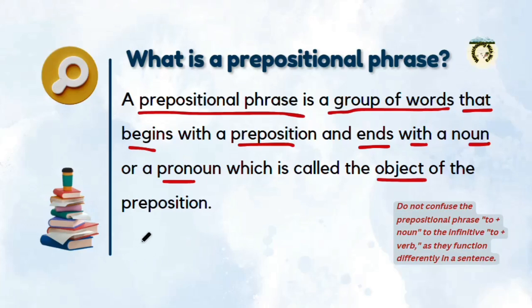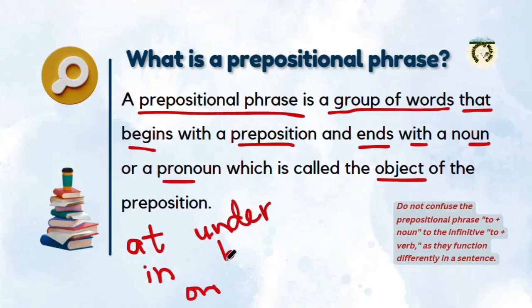Prepositional phrases are the phrases that start with a preposition. Prepositions are the words like at, in, on, under, beside, behind, after, below. These are prepositions, right? So, your prepositional phrase will begin with a preposition and will end in a noun.